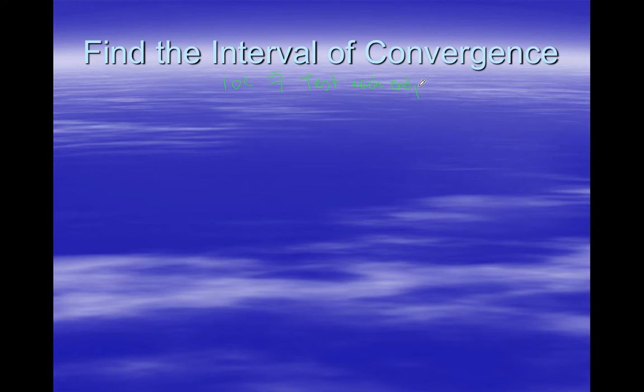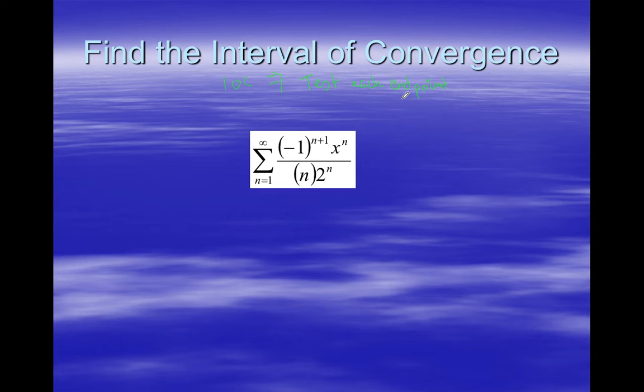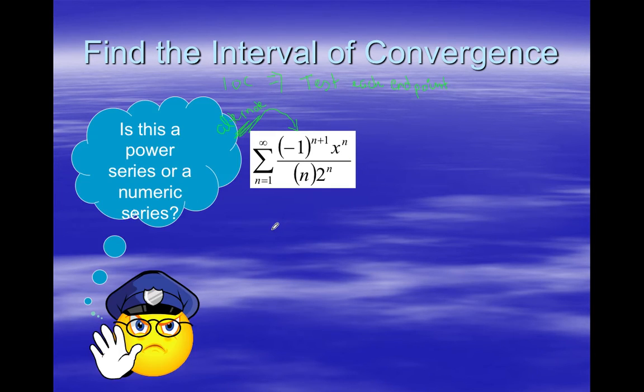And remember, when you test an endpoint, you create a numeric series. So let's look at this series. This series does alternate. Can you see that it is a power series? So it is not just a numeric series, it's a power series.